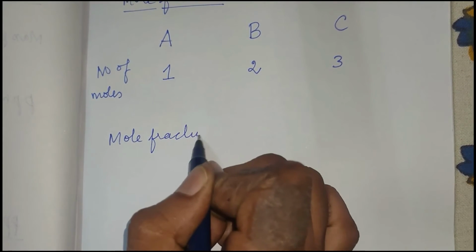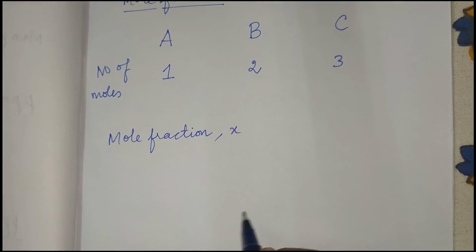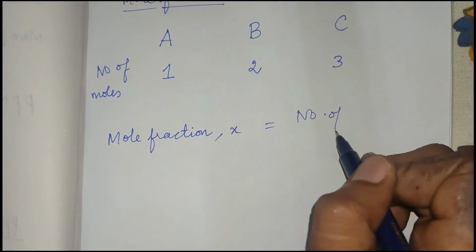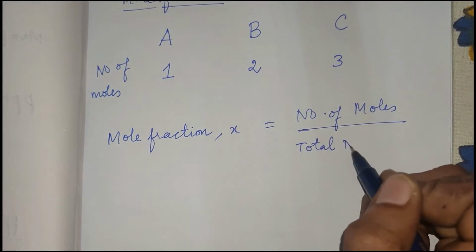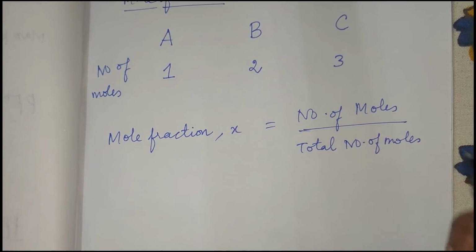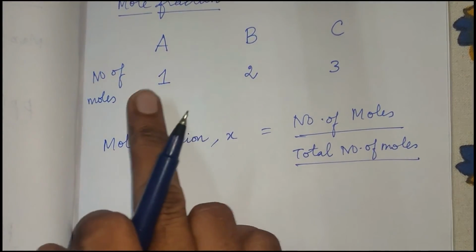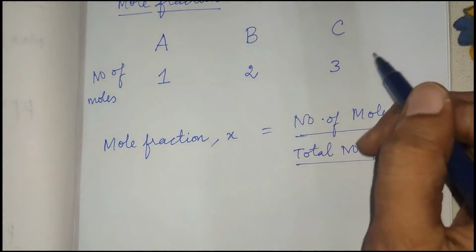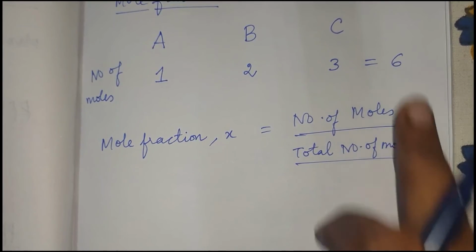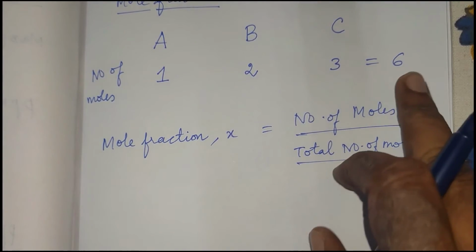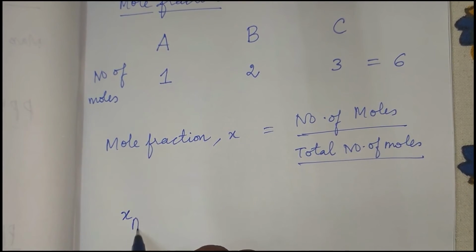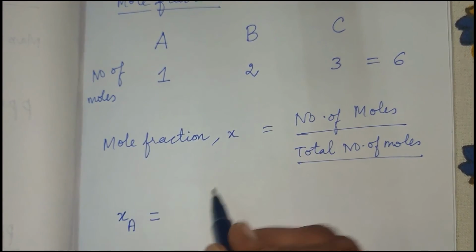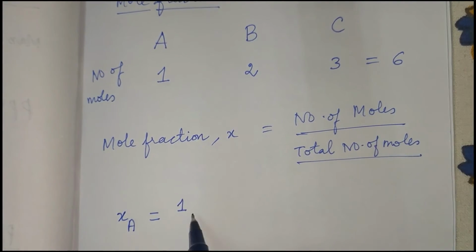Mole fraction is denoted by the letter small x, equal to number of moles divided by total number of moles. Now I want to find out the total number of moles. So what is the total number of moles in this case? 1 plus 2 plus 3, which is 6. So the total number of moles is going to be 6. What is the mole fraction of A? XA is equal to number of moles of A, which is 1, divided by the total number of moles, 6. So the mole fraction of A is going to be 1 by 6.